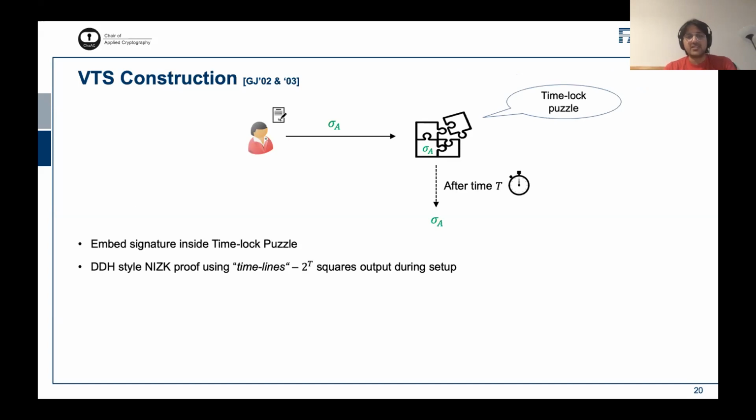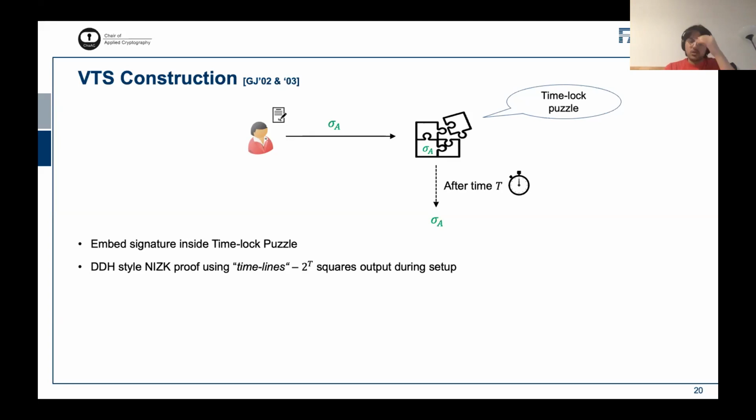They have a timeline in the public parameter, and these are elements squared up to 2 to the power t. So it's like g squared, g to the power 4, g to the power 8, up to g to the power 2 to the power t. Right, so this series of elements is referred to as the timeline, and it is part of the public parameter.